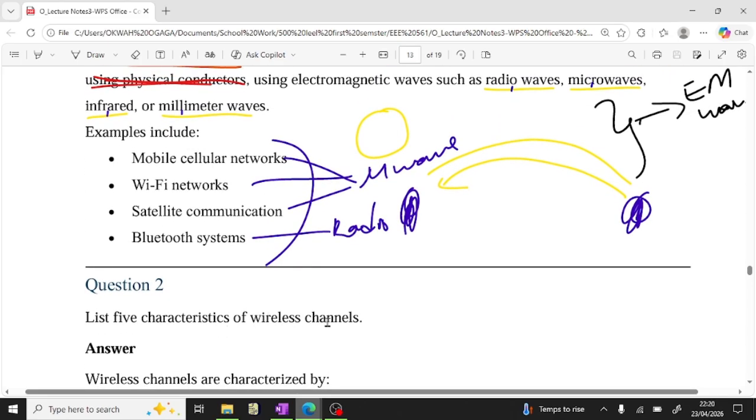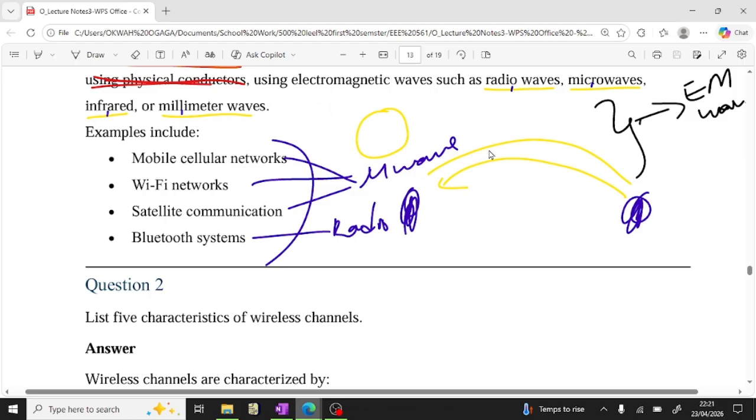So when you hear wireless channel, it just means this communication. Remember last video we said this is a point and it's another point. So both points, they are communicating wirelessly. So no physical conductor, no wire, nothing like that, but communicating through air using what? Electromagnetic wave.